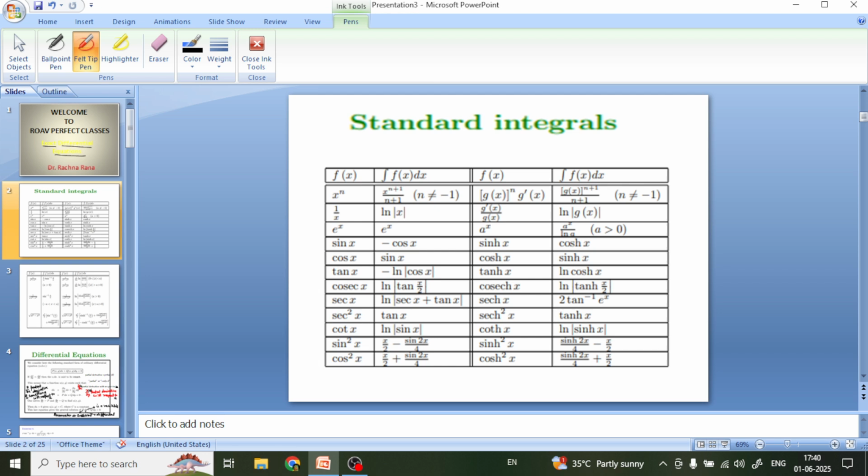Before starting exact differential equations, first you have to learn what differential equations are. A differential equation is an equation which relates a function with one or more of its derivatives.